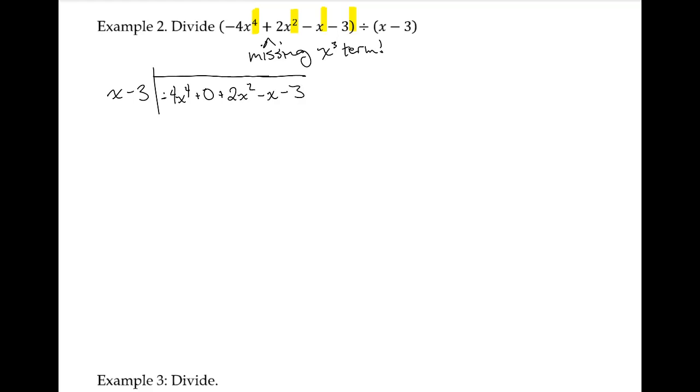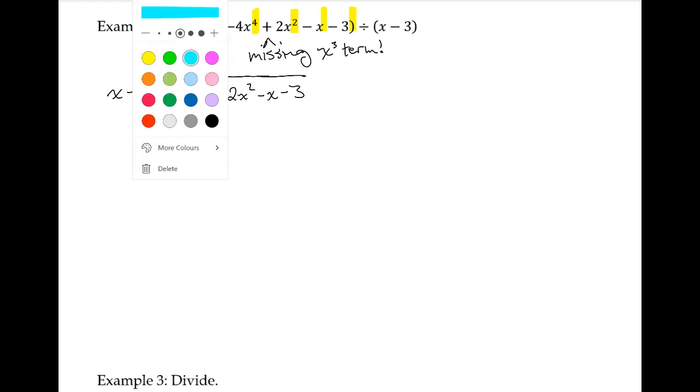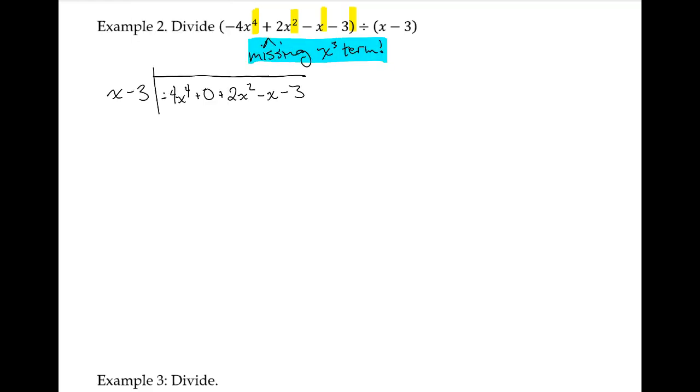And I'm doing that so that I can account for the fact that there should be a cubic, and there obviously isn't, which means that something funny is going on. Okay, so again, this missing term needs to be accounted for by a 0. You could have said minus 0 too, doesn't matter.